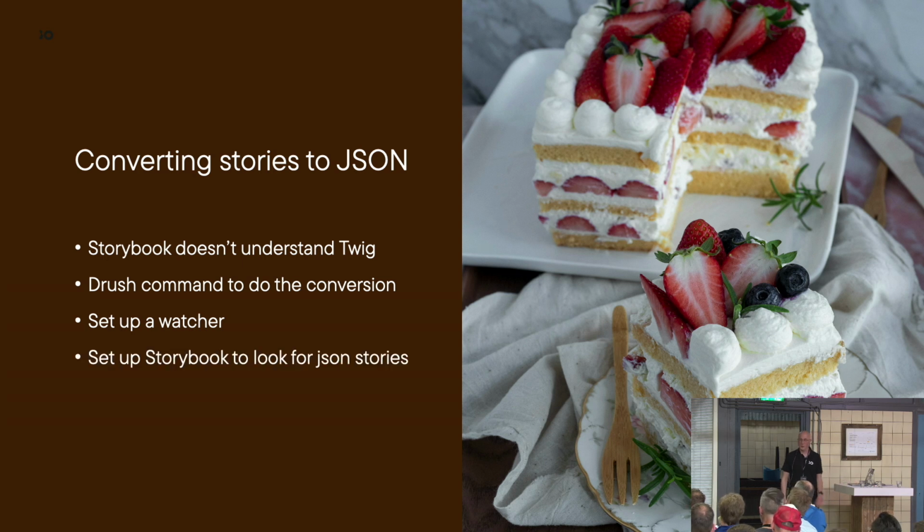You need to set up Storybook to look for the JSON stories. And then it's a good idea to ignore those JSON story files in Git, because you already have the Twig stories file, and the JSON file is directly derived from the other, so it's a good idea to ignore the derived files.